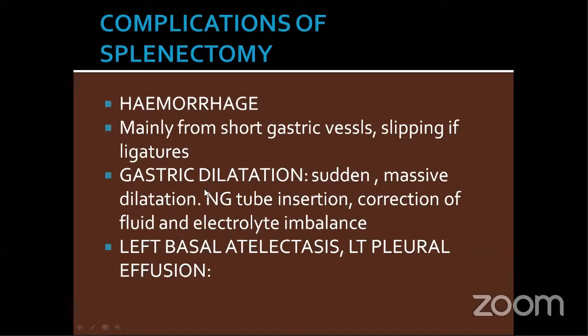So usually you would have kept the NG tube. If it is not there, immediately insert the NG tube, and usually you find hypokalemia. The potassium levels will be very low, and the patient will usually be in hypotension. So fluid and electrolyte imbalance has to be corrected. The patient should be nil by mouth, and the NG tube has to be inserted.